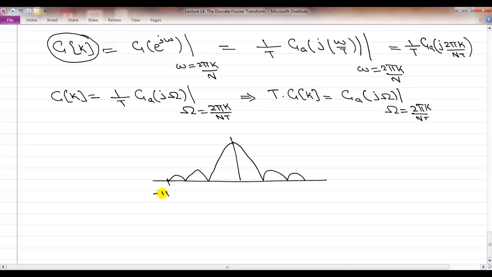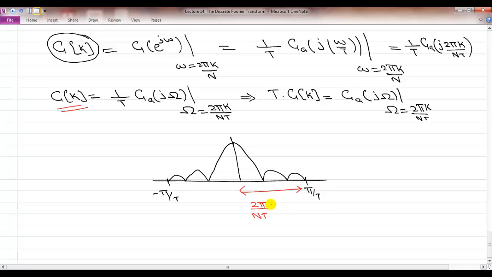This is minus pi over T. This is pi over T. What this relationship is saying is that your kth sample of your DFT, from 0 to N by 2 ceiling or floor operation, is like sampling 0 to pi by T at every 2 pi over N T radians per second.